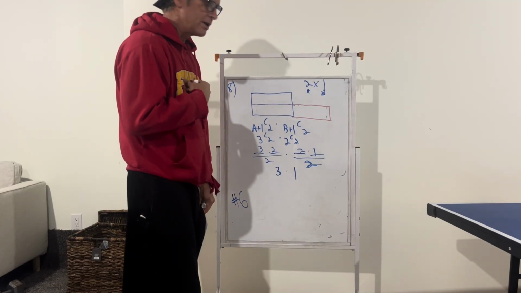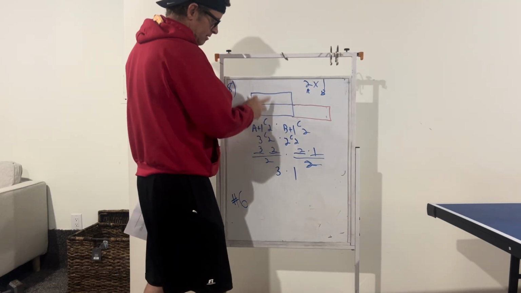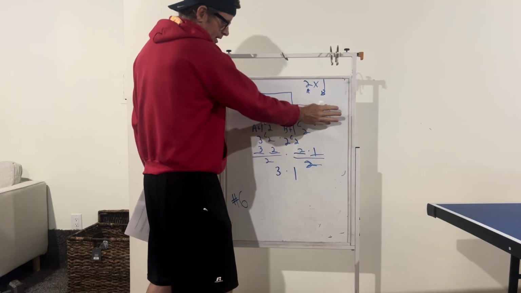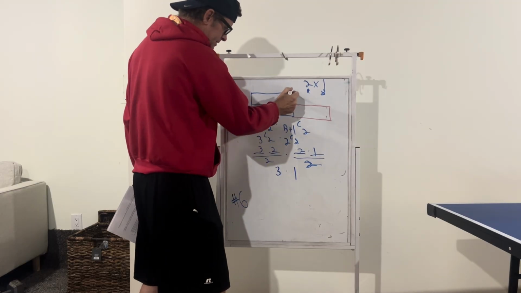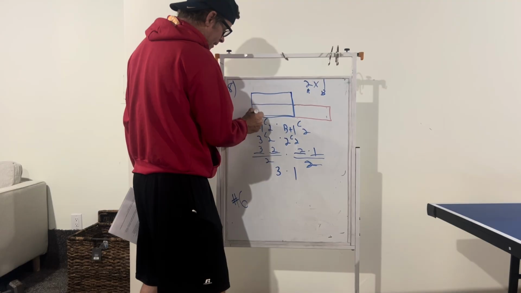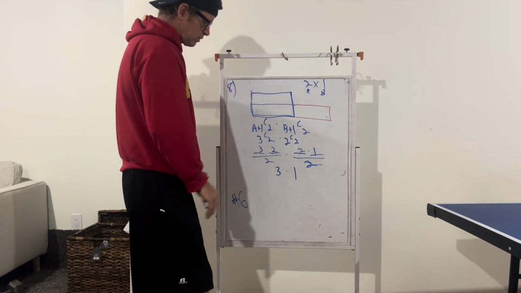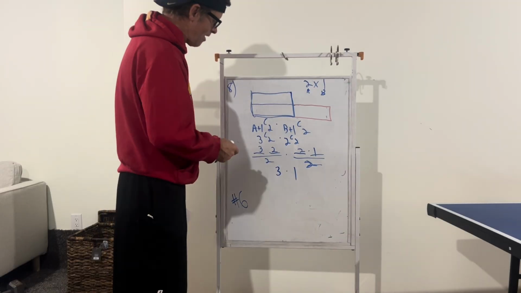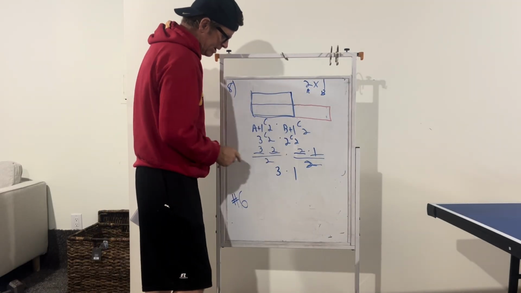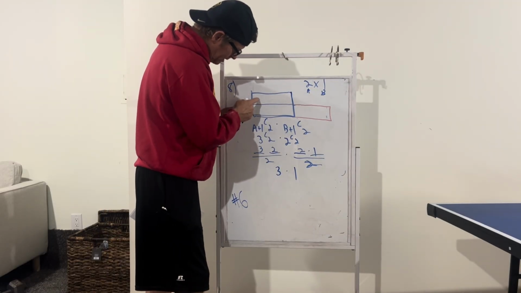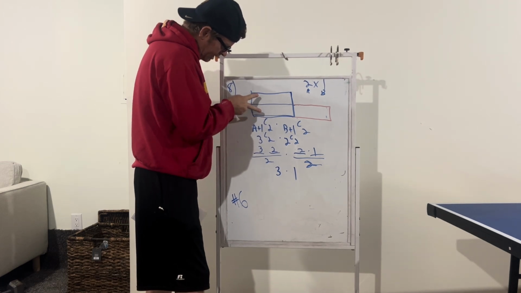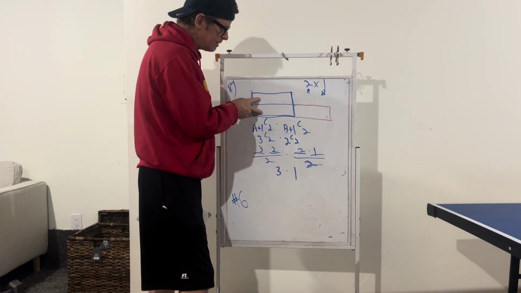I think the easiest way to go about it is to break it into literally a separate grid. Like this is a 2 by 1 grid, okay? Now you could obviously just count the number of rectangles. Forget about the red one. You could just count 1, 2, and then 3, right?